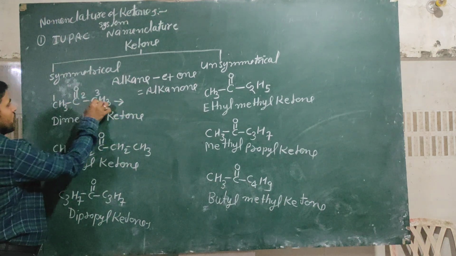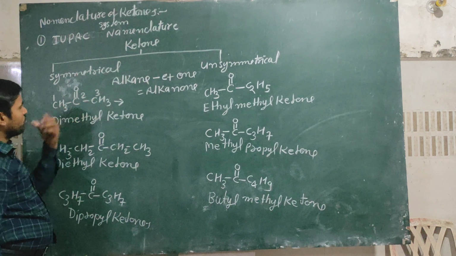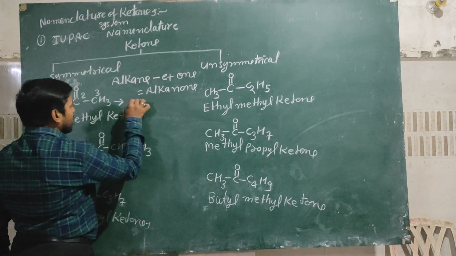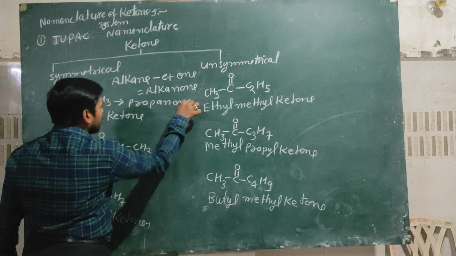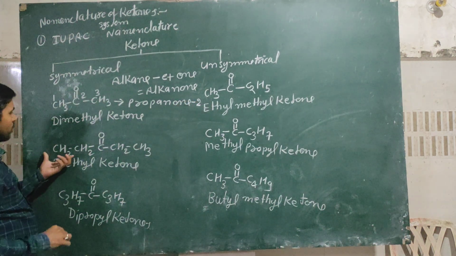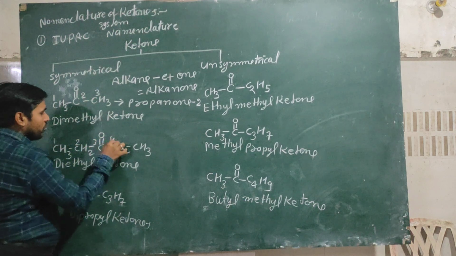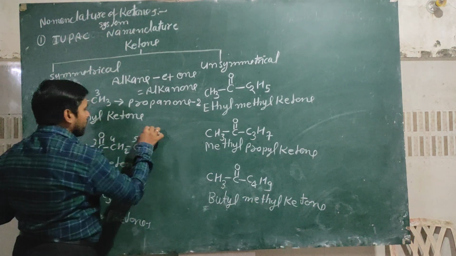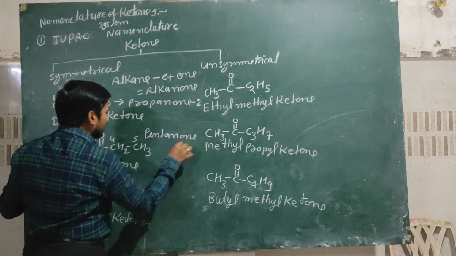Look, 1 2 3, total number of carbon is 3. We consider it as propane. Then its name is propanone 2. Here number of carbon is 1 2 3 4 5. Then its name is pentanone.